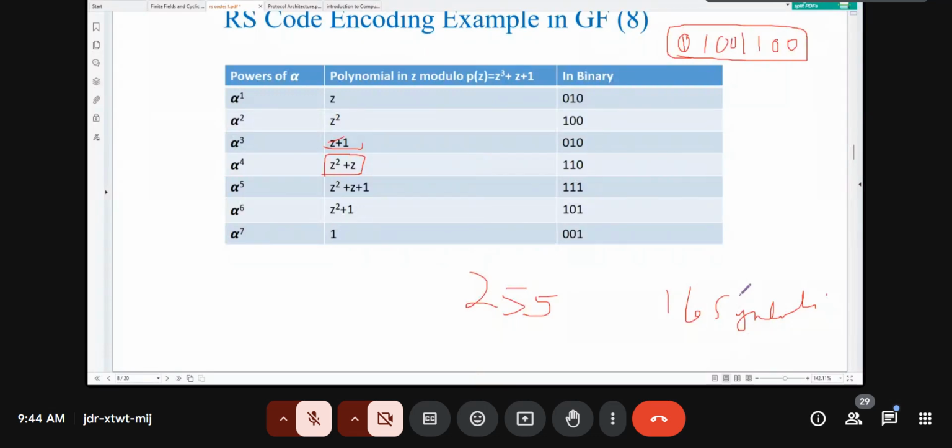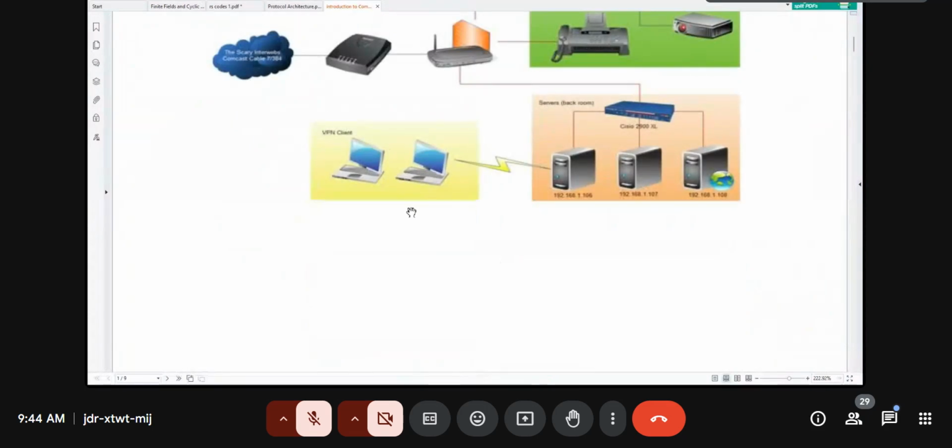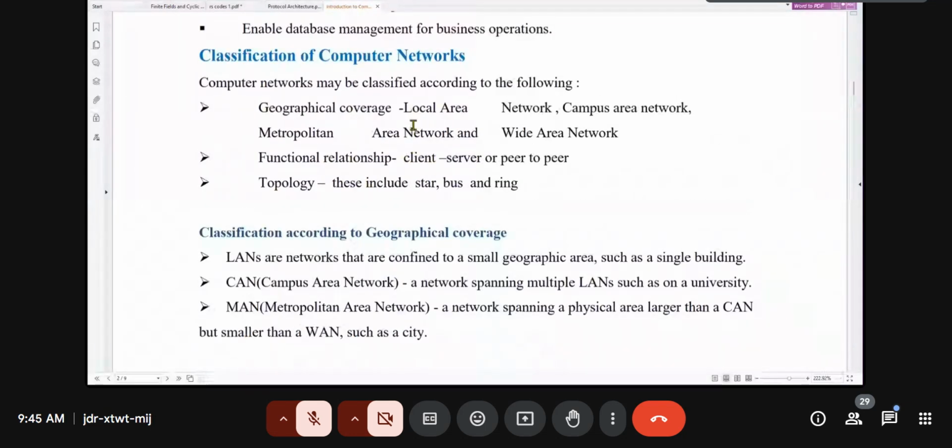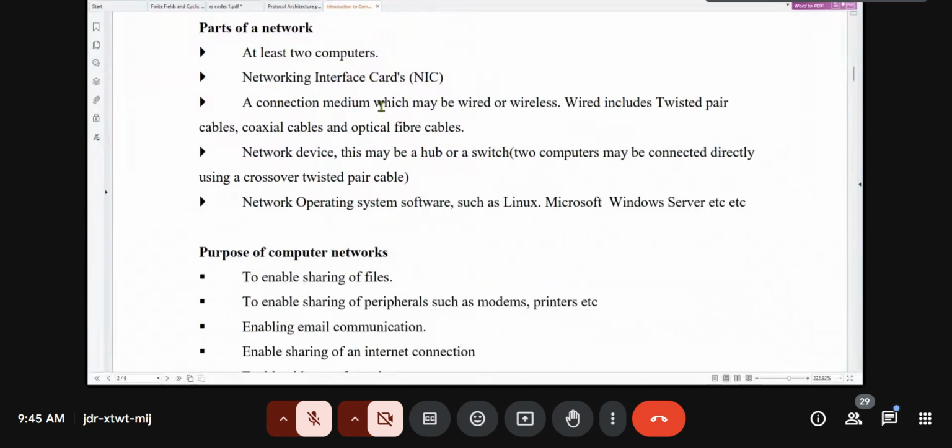So I thought we'll be able to touch on introduction to computers. We have about 15 minutes. I think I'll send you this document. The reason I had not sent it is that I've been making it a bit basic.